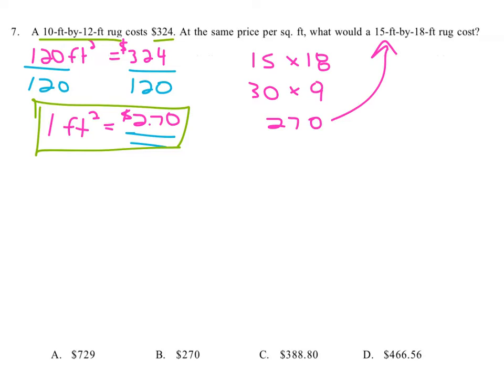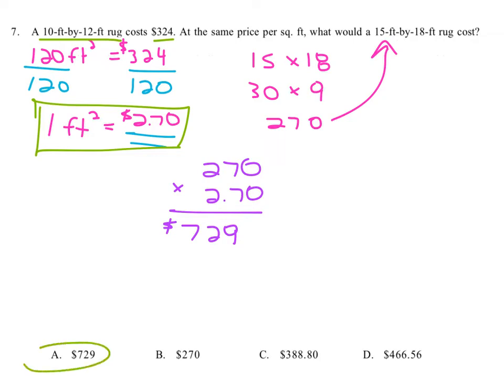So you take your 270 feet from your 15 by 18 rug and you multiply it by $2.70, and you get 729. So you should expect to pay $729 for that larger rug if you're paying the same price per square foot. And that's A.